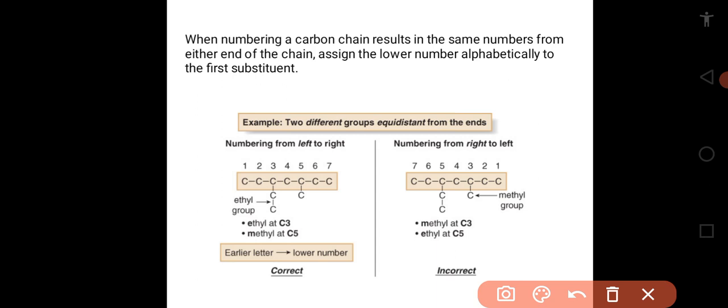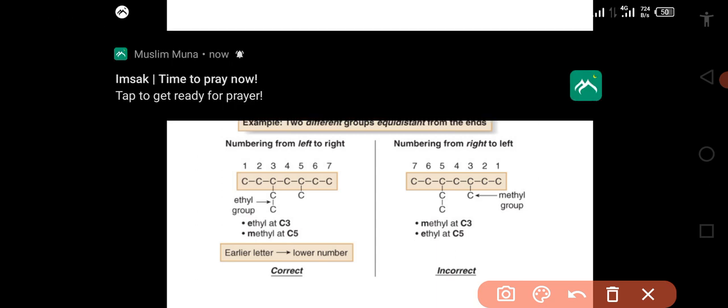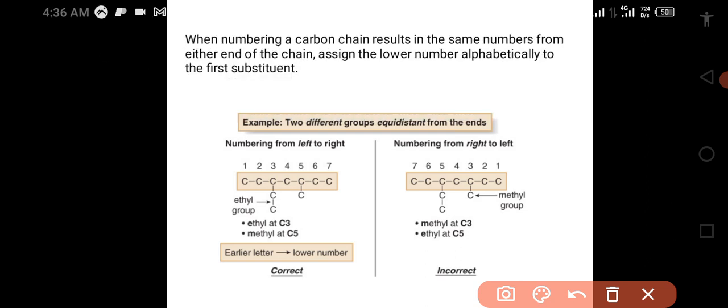If we follow this direction, we have 1, 2, 3, 4, 5, 6. So at carbon 2 we have ethyl, then at carbon 5 we also have ethyl. So here we also have methyl, 1, 2, 3.